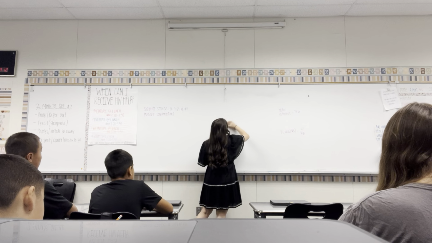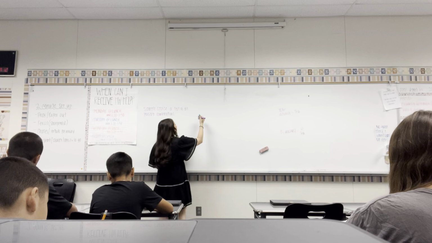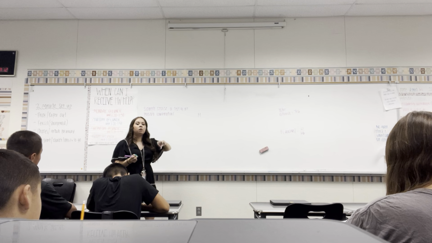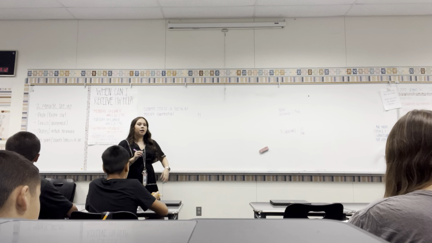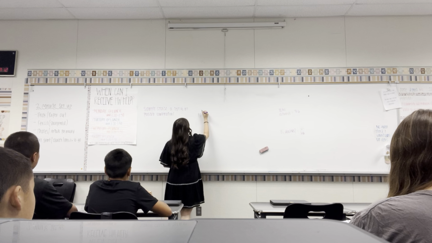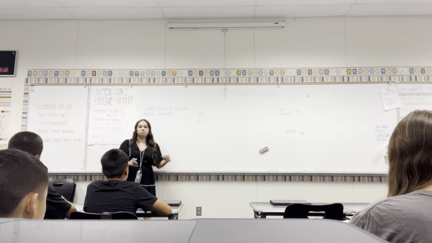So let's list out all those combinations. Let's say I picked heads first. I toss it heads, I toss it again, I could get tails. Or I could toss heads and then get heads again.